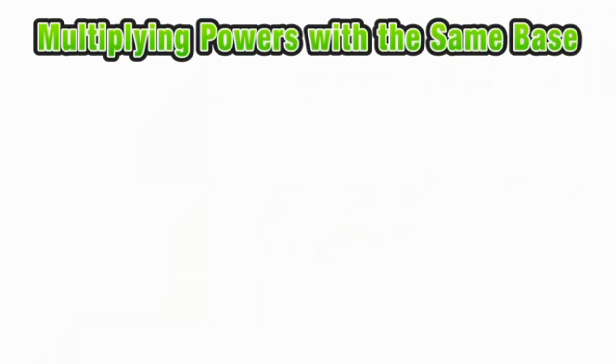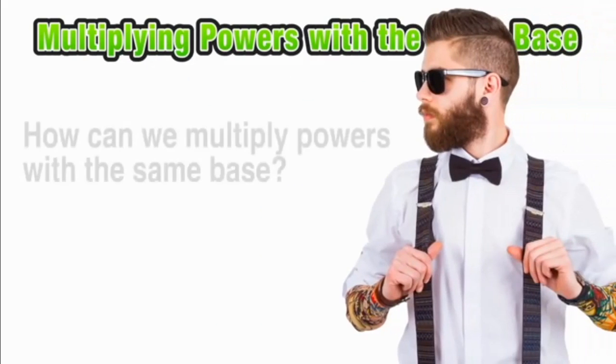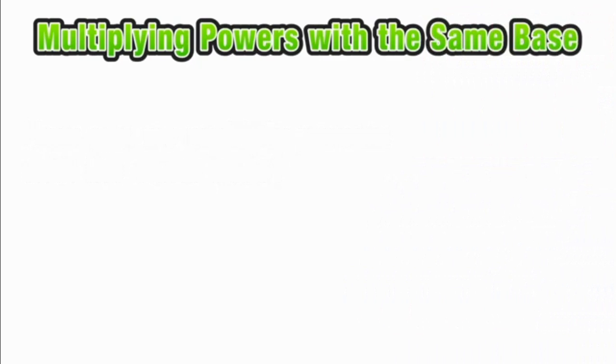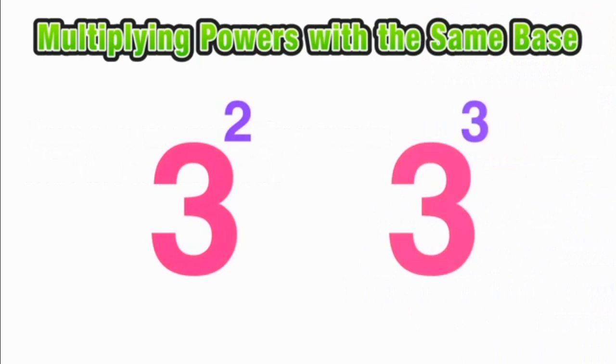What's up again, and welcome to the next lesson in our unit on the laws of exponents. So let's target our thinking by asking the question, how can we multiply powers with the same base? For example, what if we wanted to multiply 3 to the second power by 3 to the third power?